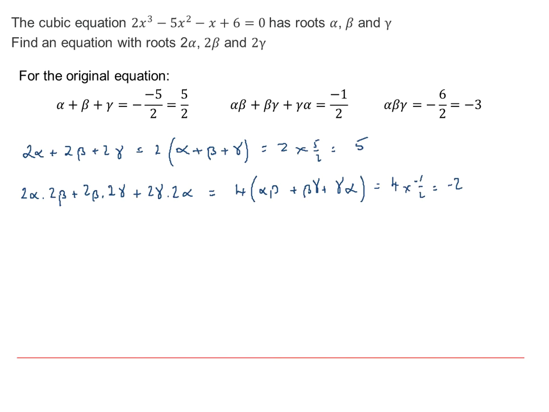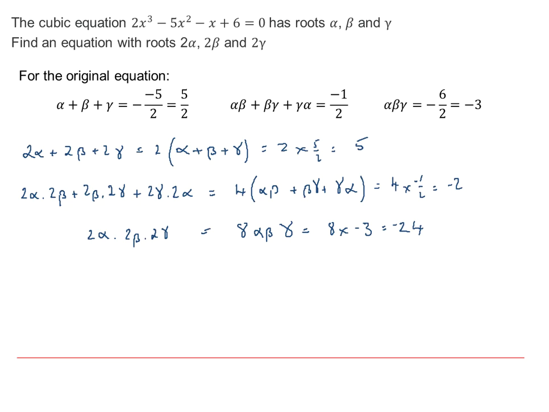And finally, for the product of the new roots, we've got 2 alpha multiplied by 2 beta multiplied by 2 gamma. So that gives us 8 times alpha beta gamma, which is 8 multiplied by -3, which is -24.